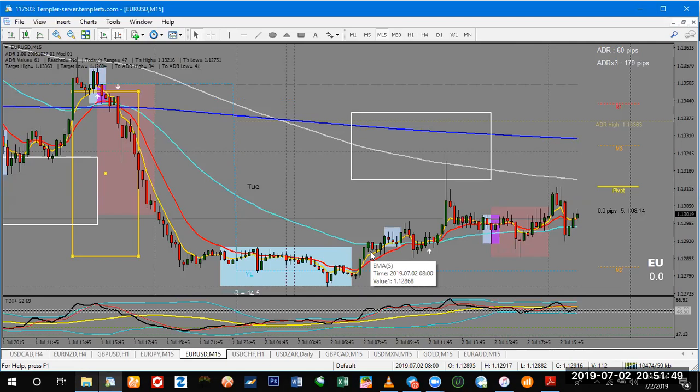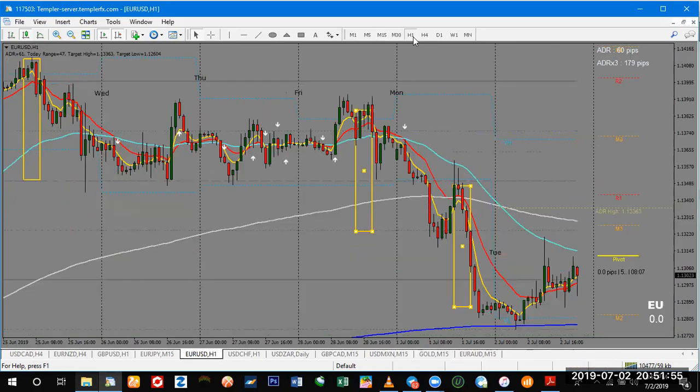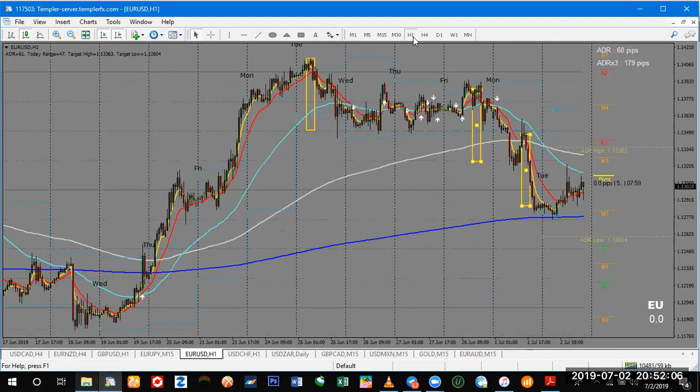If you could go back to the H1 on the Euro USD, kindly. I need to understand something. I see the M was created on Friday, the double M. Yes, the peak was here, on Friday.